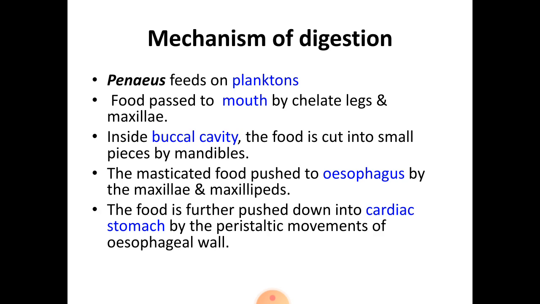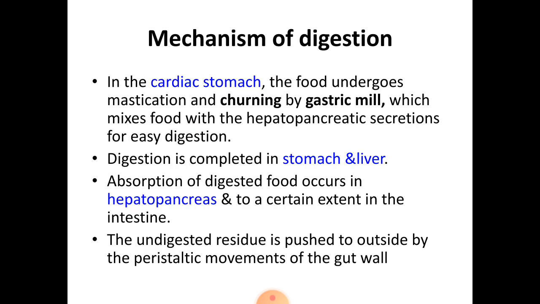Coming to the mechanism of digestion, Penaeus feeds on plankton, which is passed to the mouth by chelate legs and maxillae. Inside the buccal cavity, this food is cut into small pieces by the mandibles, and the masticated food is pushed to the esophagus by the maxillae and maxillipeds. The food is further pushed down into the cardiac stomach by the wave-like movement of the esophageal wall.